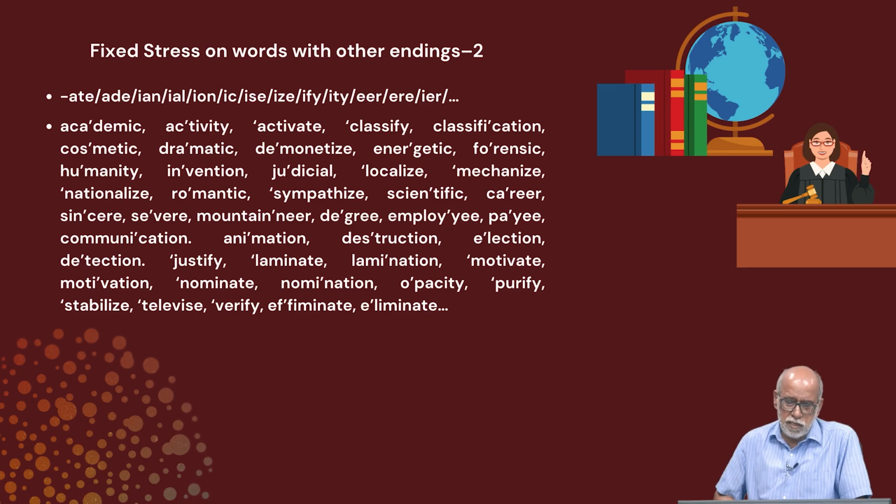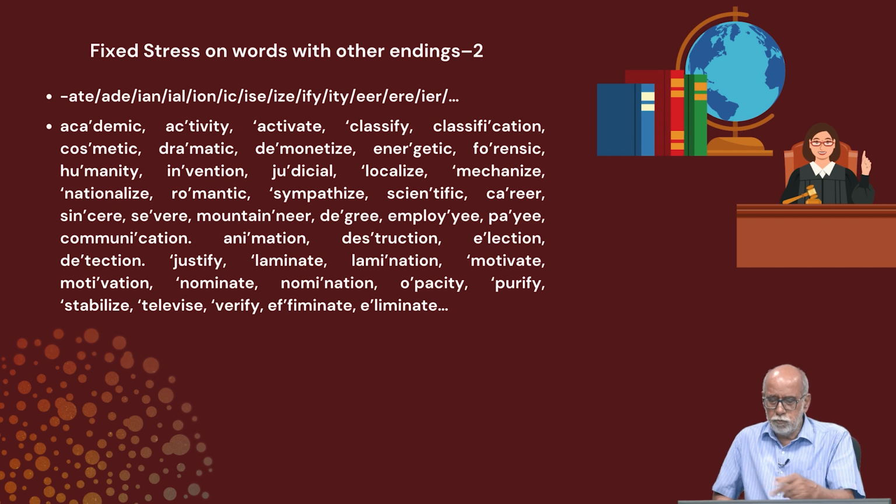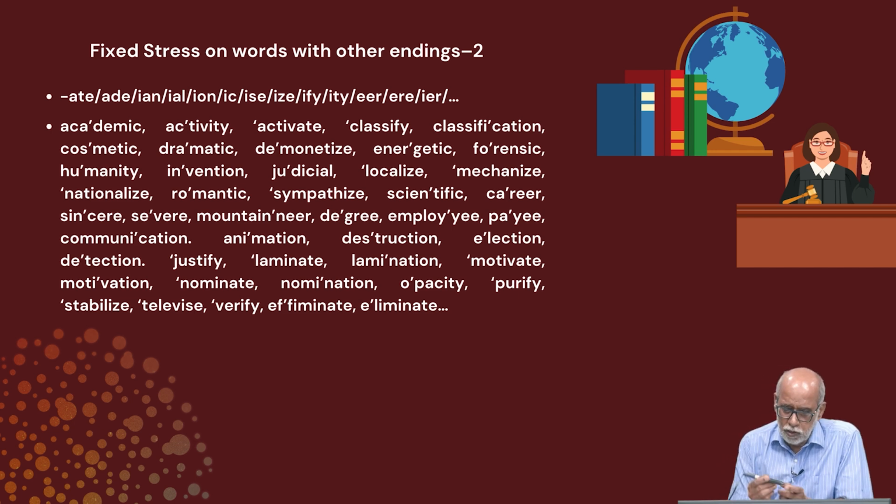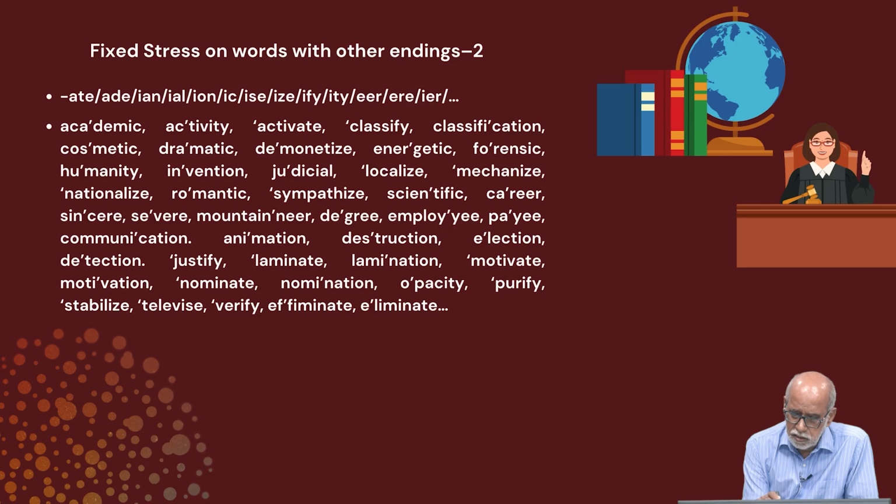So, for instance, it is academic, not academic. Activity, not activity. Activate, okay. Because the word ends in ate, this ate demands the stress should be 2 syllables before. So, you have ate here, and I and a.